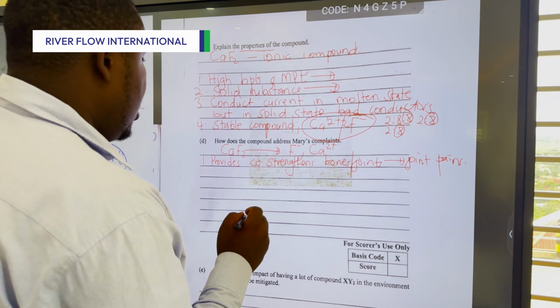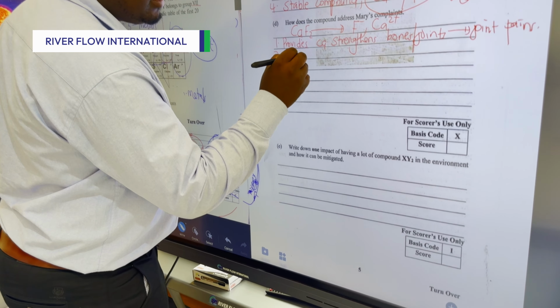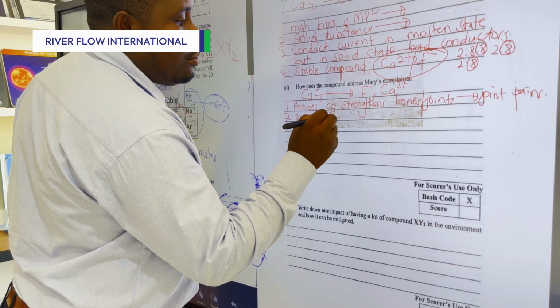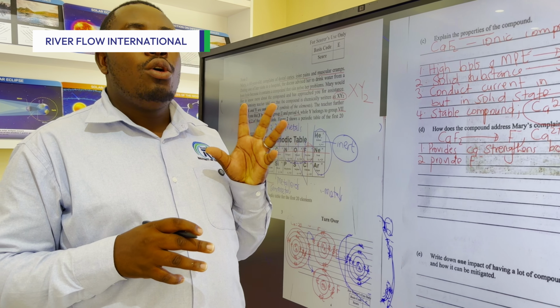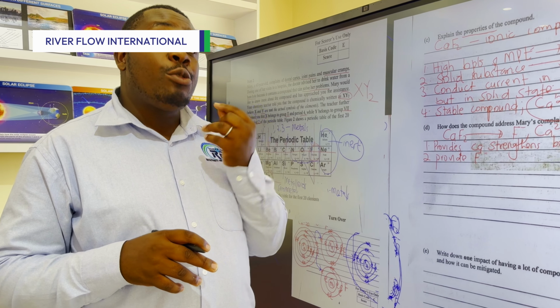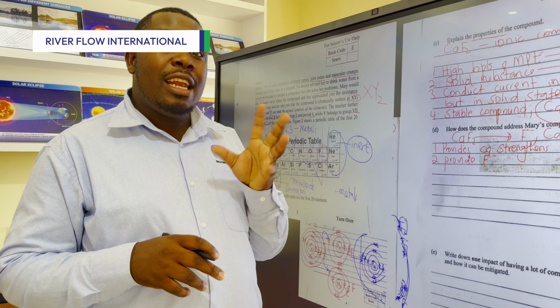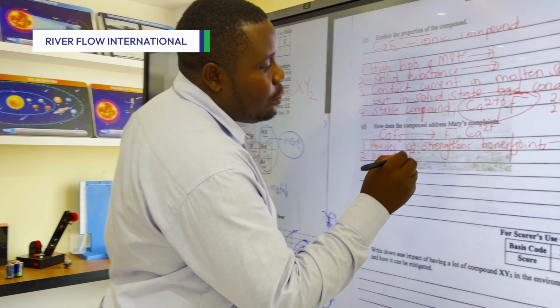Number two, this substance will also provide fluoride ions. All of us who use toothpastes, these toothpastes actually have fluorides in them. And what is the importance of fluoride?